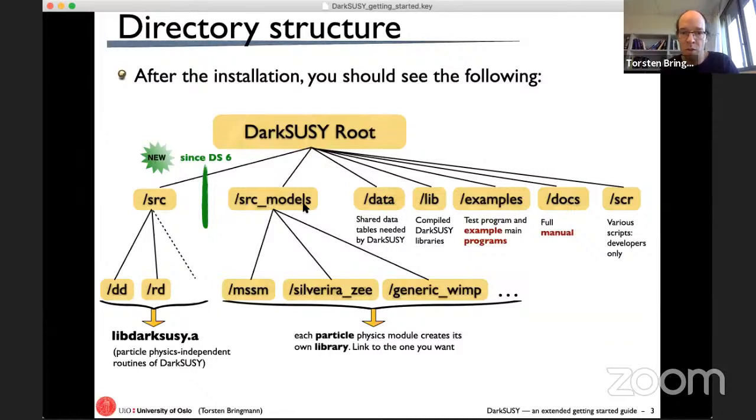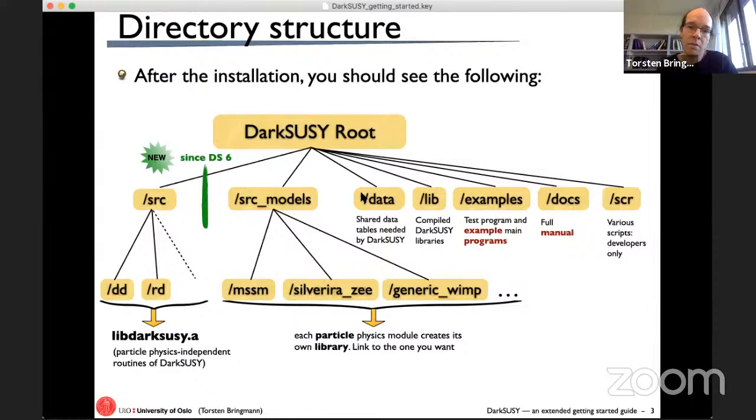Then we have source models. In source models, there is one subdirectory for each of the particle modules that is implemented. Each of these subdirectories will be compiled into one separate library, such that your main program links to this core library and one of the particle physics libraries.